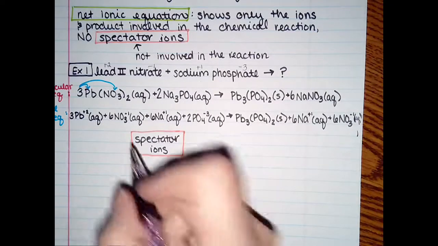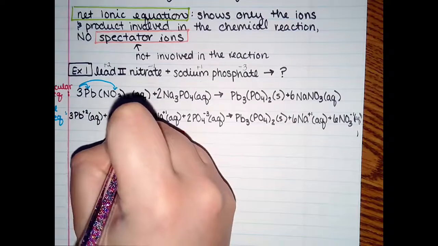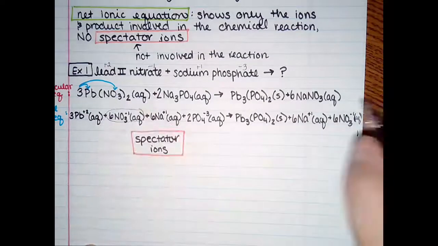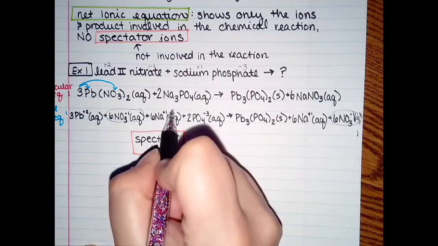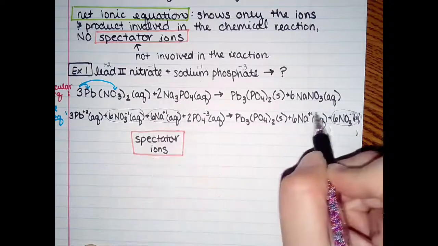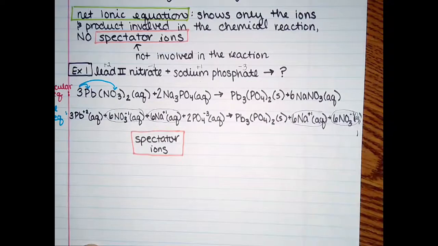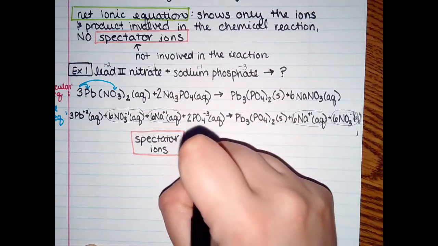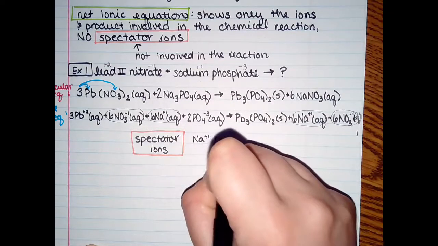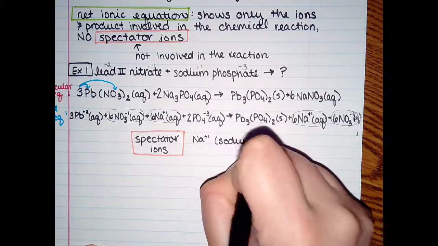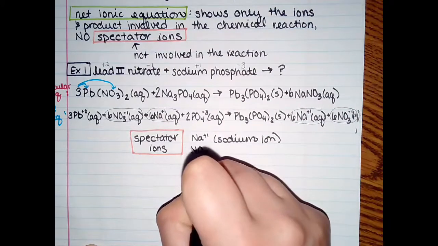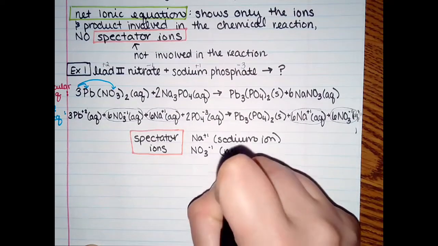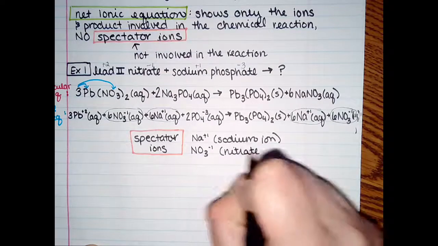So I see 6 NO3 minus 1 aq, 6 NO3 minus 1 aq. And then I see 6 Na plus 1 aq, 6 Na plus 1 aq. So our spectators must be sodium ion and nitrate.